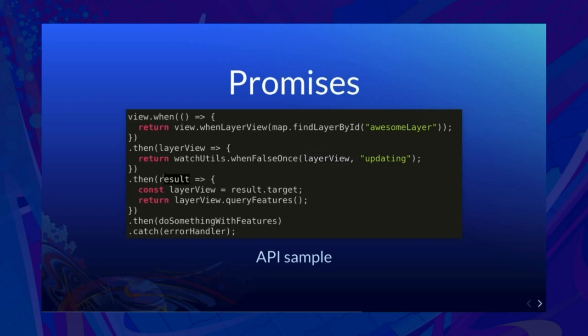I'm going to take my result and pull the layer view off that result, which would be the target, if you remember from when we talked about how to watch for properties earlier, and then go ahead and query some features on that layer view. This is also a promise. And when those results come back, I can then do something with those features. If at any point in chaining my promises here something goes wrong, I can go ahead and catch the error and do something with it here.